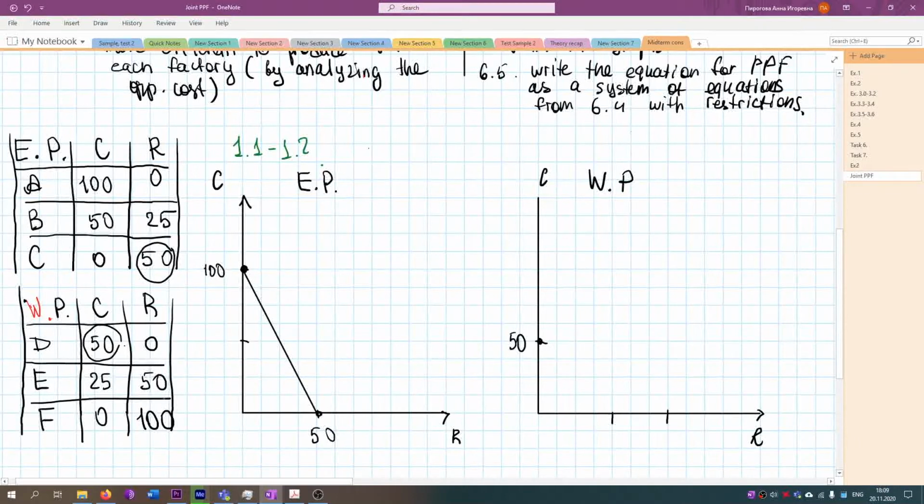And if it produces only radios, it can produce 100. So this point is here, 100. And we can also connect these 2 points.